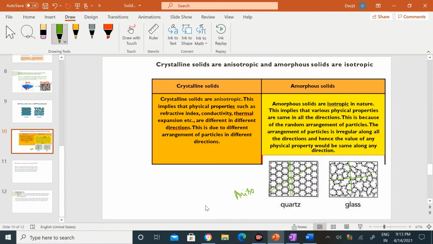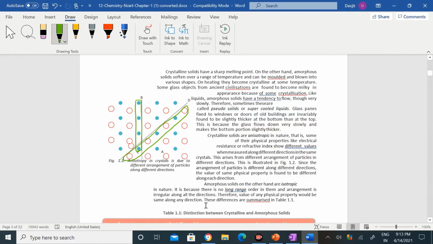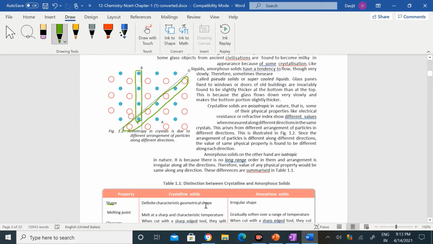But if the property differs, if the direction of my navigation differs, then it shows the nature of anisotropic. Okay, so crystals show anisotropic nature, amorphous solids show isotropic nature. I hope it is clear, and it is very, very important.